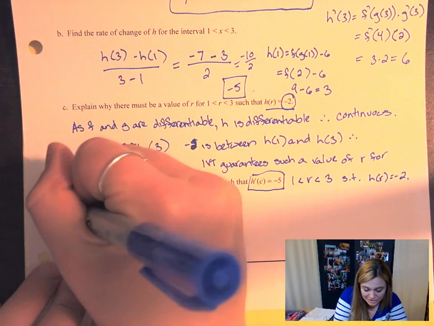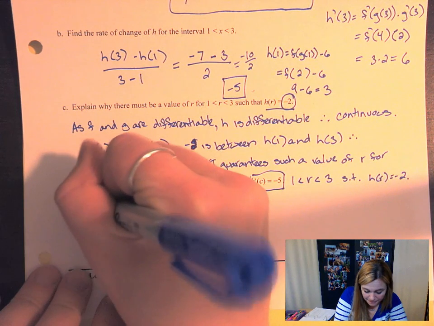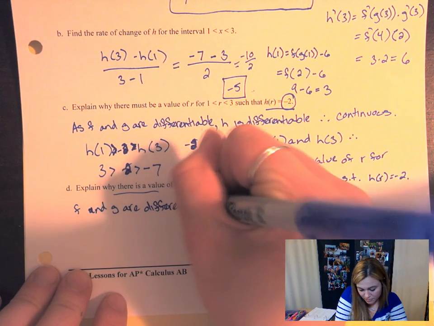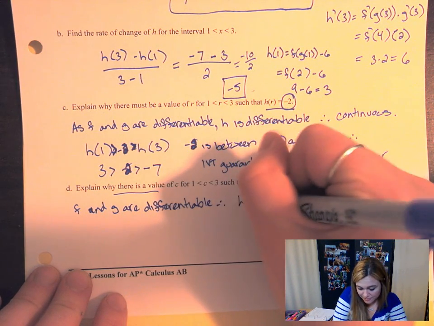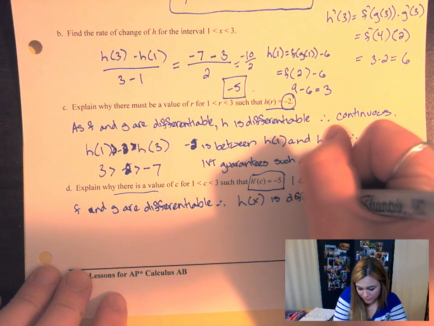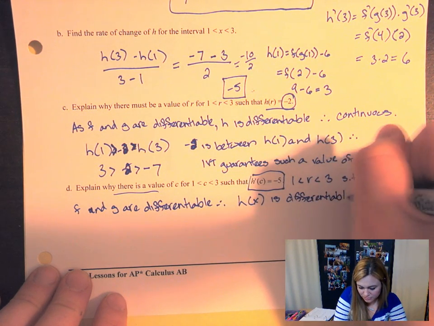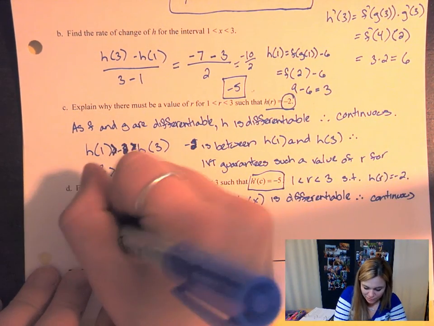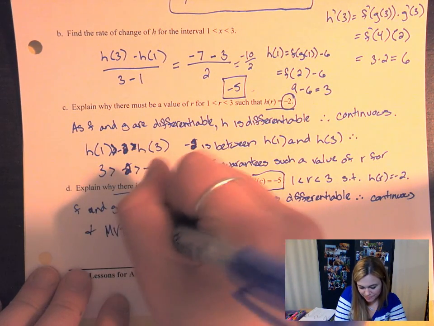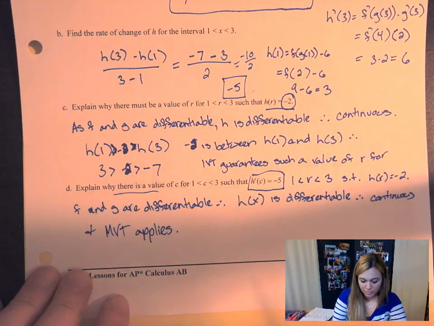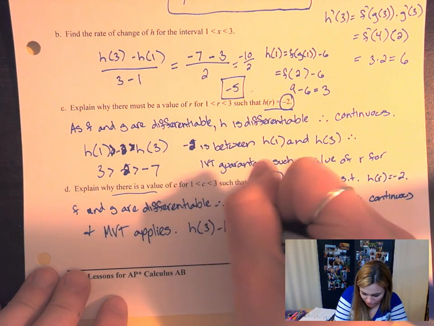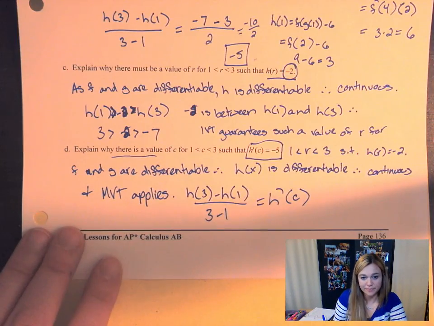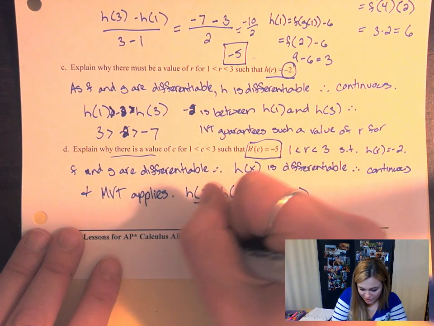So I'm going to say f and g are differentiable, therefore h of x is differentiable, therefore continuous, and MVT applies. Which means if I take h of 3 minus h of 1 over 3 minus 1, that's equal to h prime of c. And we already said that this was equal to negative 5.